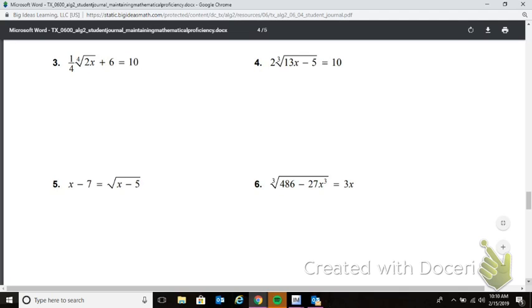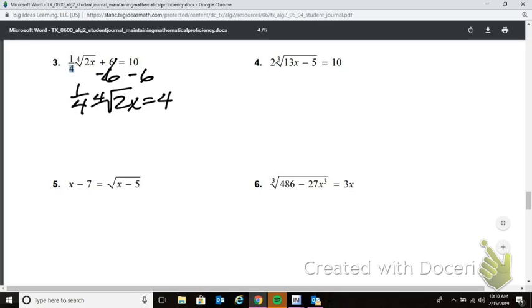Okay, now in number 3, notice you've got a 1/4 multiplying up front, and you've got a 6 adding after that radical expression, so we have to undo 2 things before we can start. We'll subtract 6 from both sides. We get a 4 on the right.